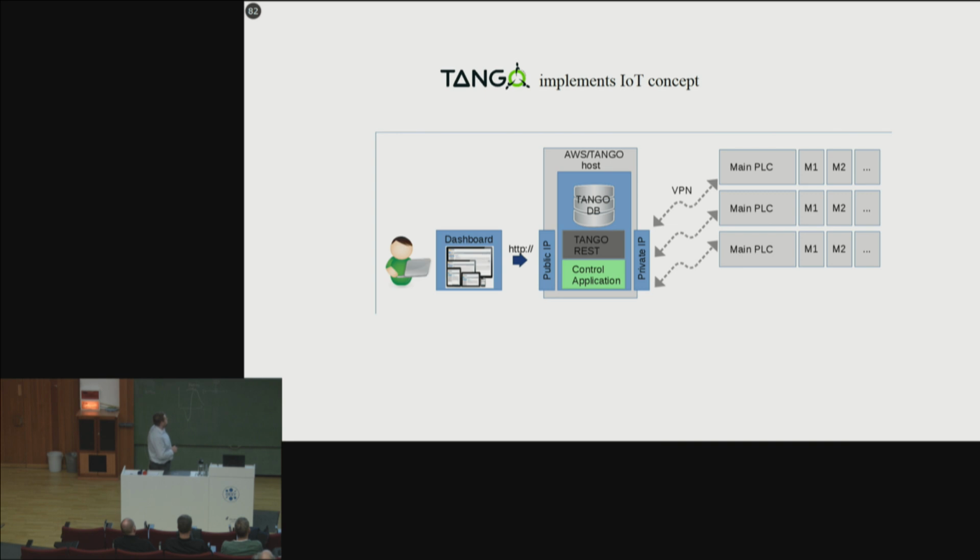And the Amazon instance is actually a Tango host instance. Tango host to which we are talking via HTTP from a dashboard application through the REST API, and actually controlling and monitoring this hardware from any point. It resides in the Amazon cloud.